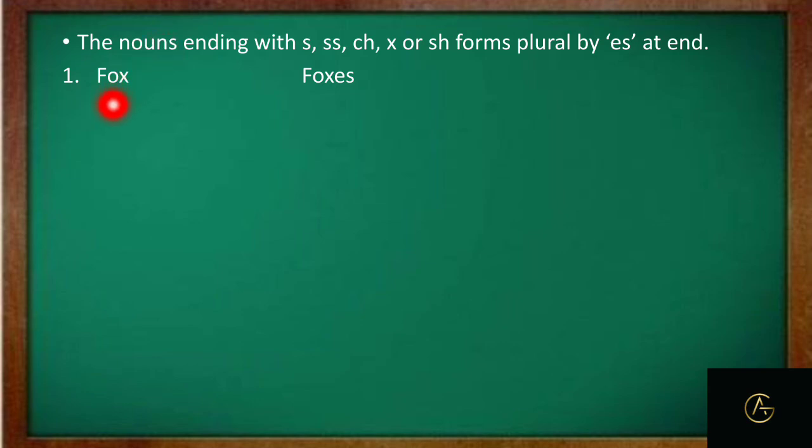Like in this word, fox, the last letter is x. We do not add s, we add es to it to make it a plural form. Words ending with s, ss, ch, x, or sh, we add es at the end. You can say these are the rules to make plural from a singular.